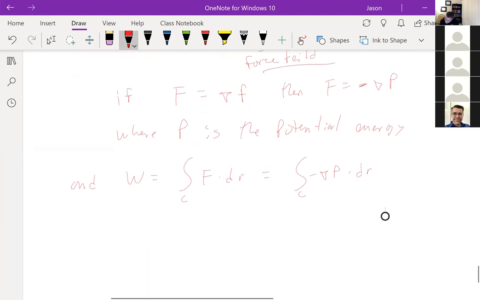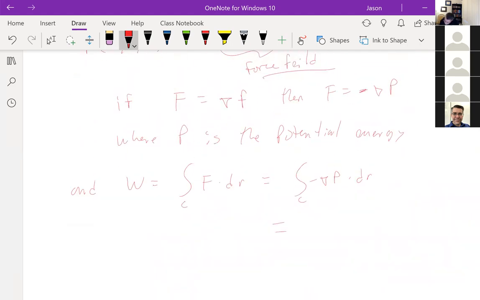Which would be equal to the negative of P of R of B. Think of it as negative P of B. R of B, that's fine, I'm going to skip steps. Minus the negative of P of R of A.